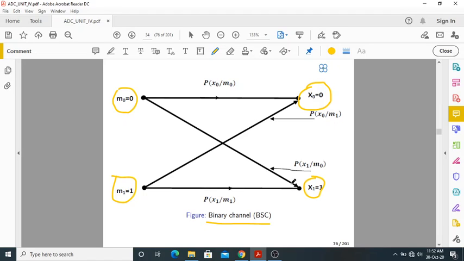In the same way, there are another two probabilities. When x1 is received, m0 can be transmitted. When x1 is received, m1 can be transmitted. So in this scenario, we have 4 probabilities: P of x0 given m0, P of x0 given m1, P of x1 given m0, P of x1 given m1.